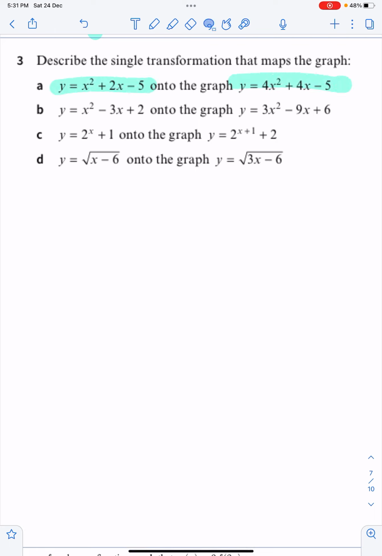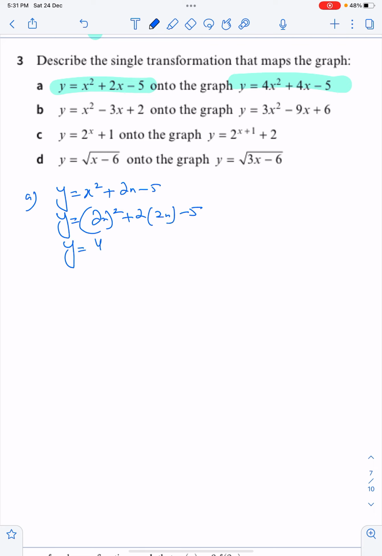So the A part, what I am going to do is y equals x squared plus 2x minus 5 is the equation. If I plug in x as 2x and solve it, I will get the resulting graph which is 4x squared plus 4x minus 5. That means it's a stretch. Whenever you have, in place of x, a constant being multiplied by x, that means a stretch.